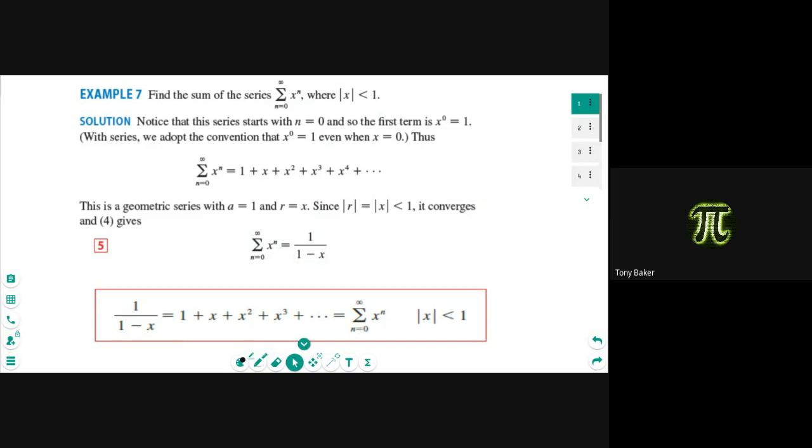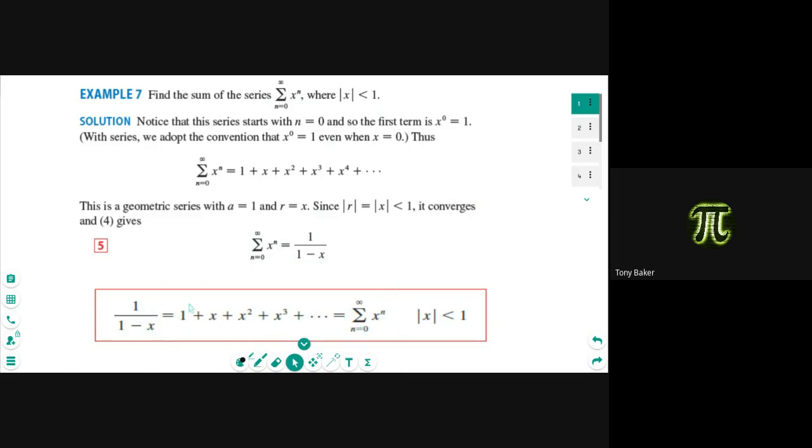When does the geometric series converge? When the ratio is less than 1, between -1 and 1. That's why it shows the absolute value is less than 1. As long as the absolute value of x is less than 1, this all works. So 1 over 1 minus x equals 1 plus x plus x squared plus x to the third and so on, which is that summation.